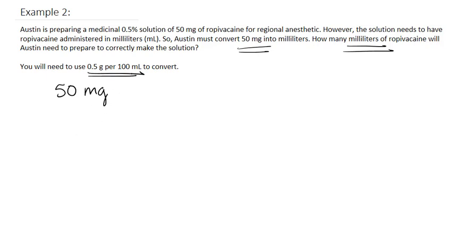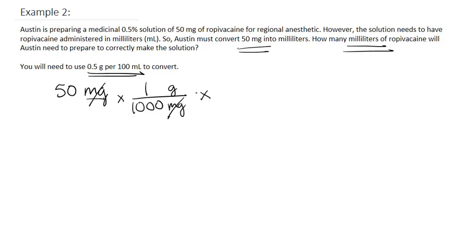Next, we know we need to use this, but we have milligrams. So let us use the conversion of milligrams to grams. We put 1,000 milligrams is equal to 1 gram. We need to put milligrams on the bottom in order to get rid of milligrams here. So then we have grams here.